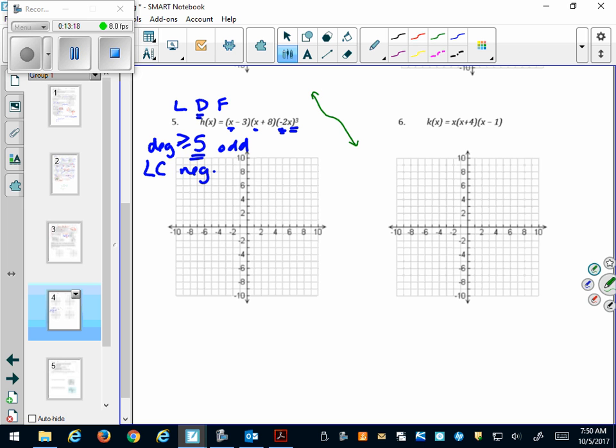Now, we did the leading coefficient, we did the degree, we got the end behavior from these two things. This gives you end behavior. If we were going to write the end behavior here, we would write it this way.